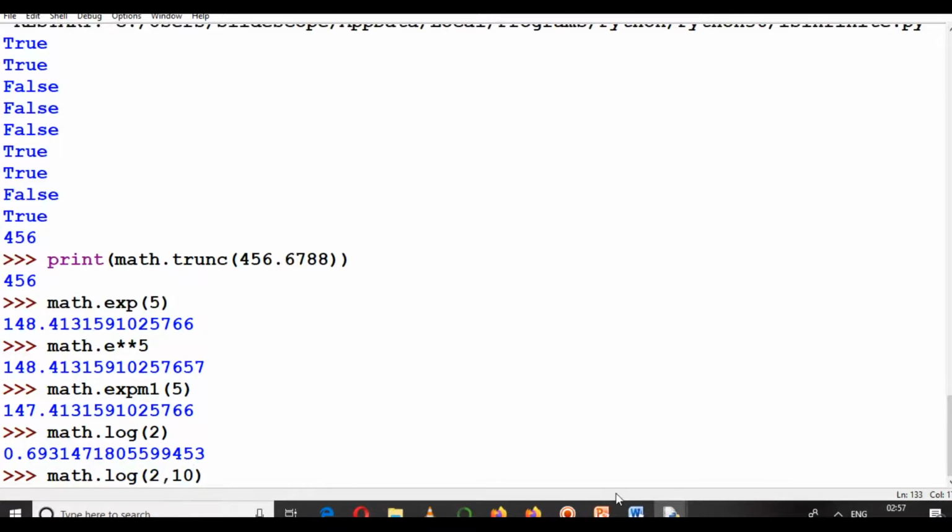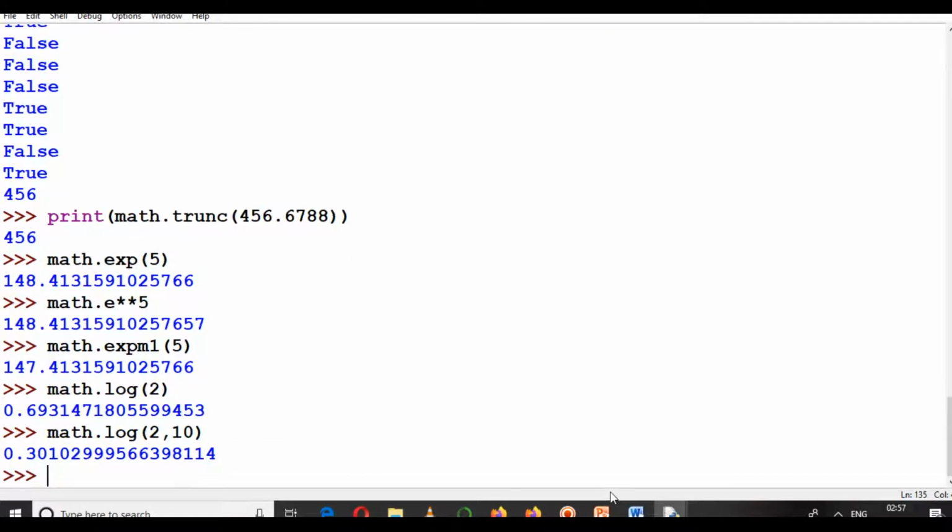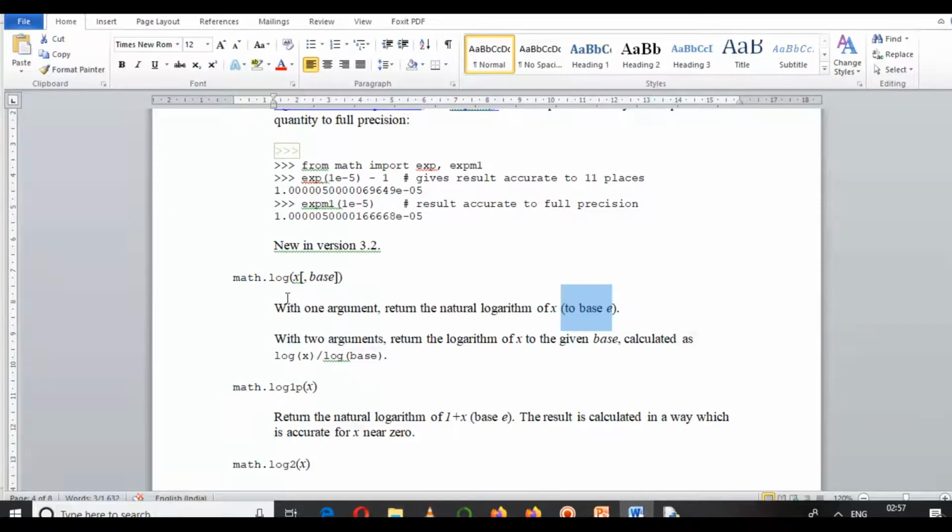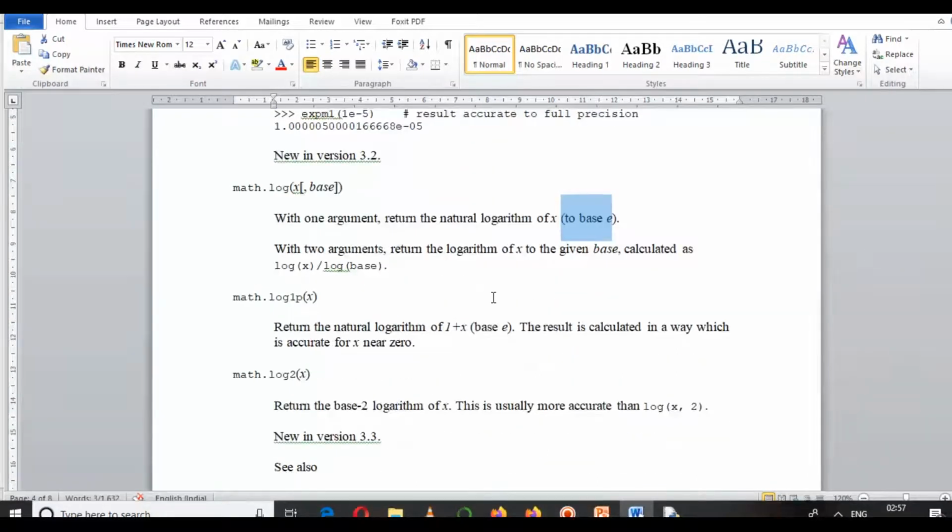So we are giving 10 as the second parameter here, and that means we want to get log 2 base 10. So now you will get the value 0.3010. So this is how this particular method works, math.log(x, base).